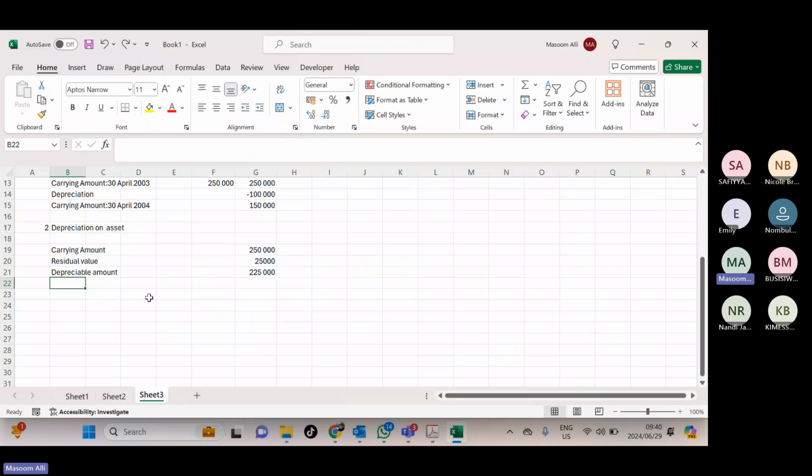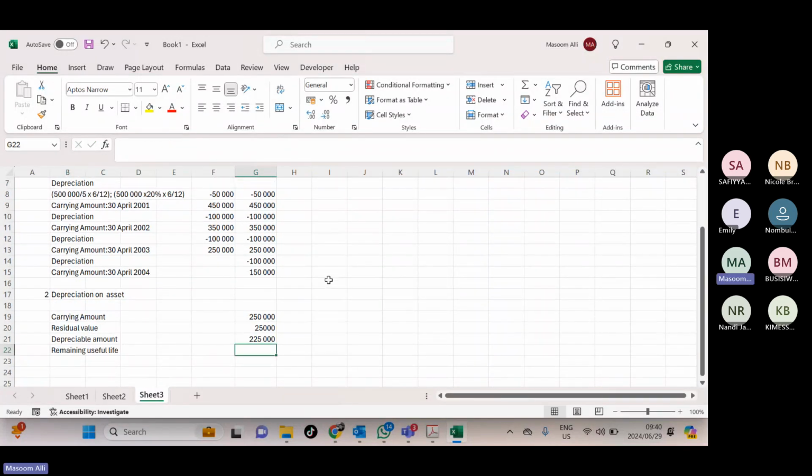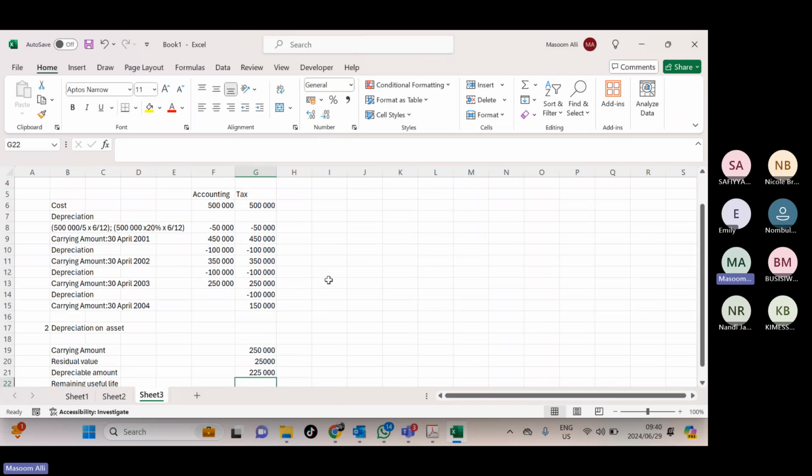So now you need to divide this by your remaining useful life. Right, so what is our remaining useful life? Our total useful life was 5 years, right? So 6 months went there, so it's 4.5 years. 1 year went here, it's 3.5 years. 1 year went there, it's 2.5 years. So the remaining useful life at this point is 2.5 years, right?